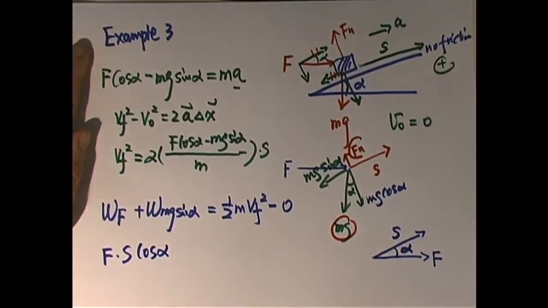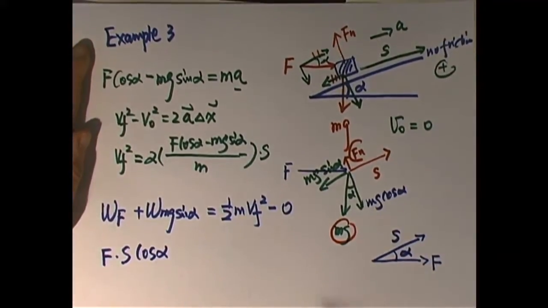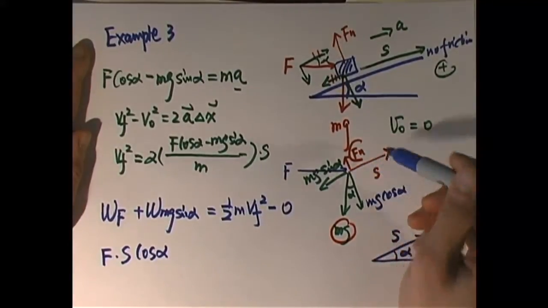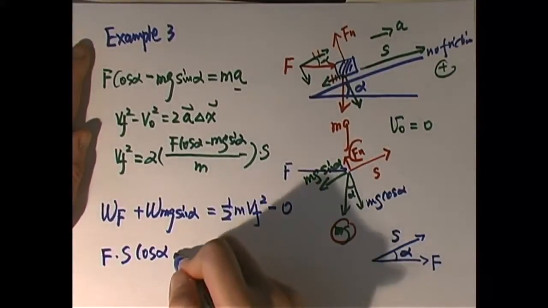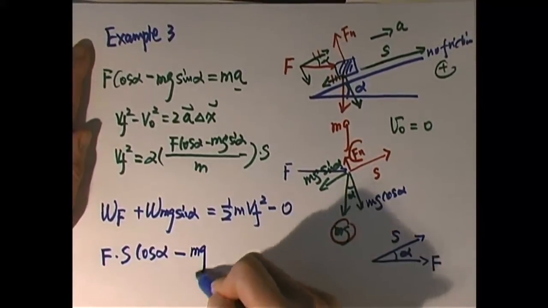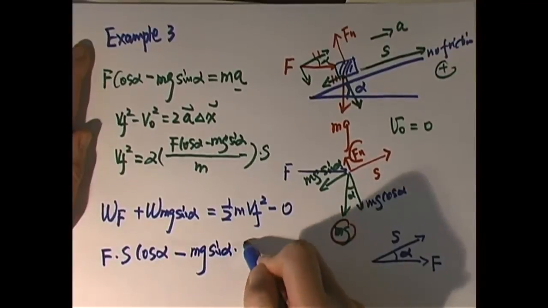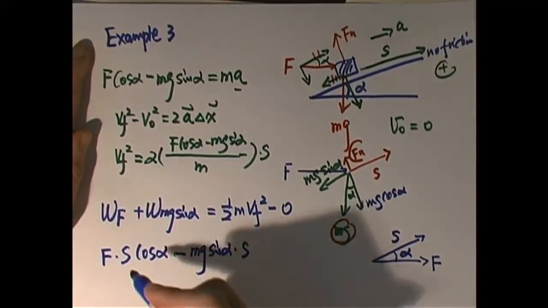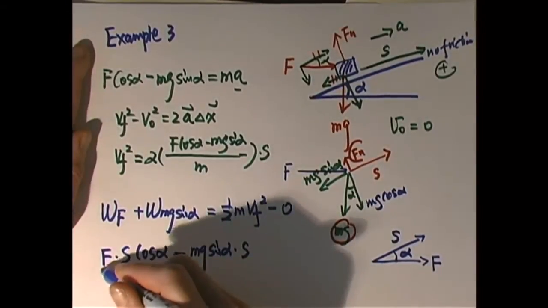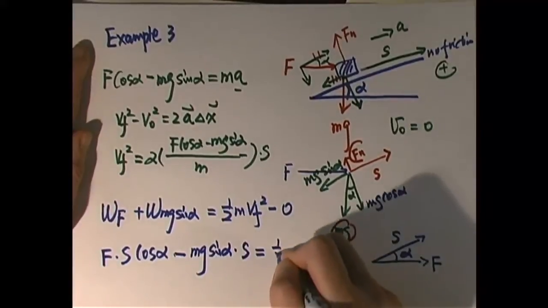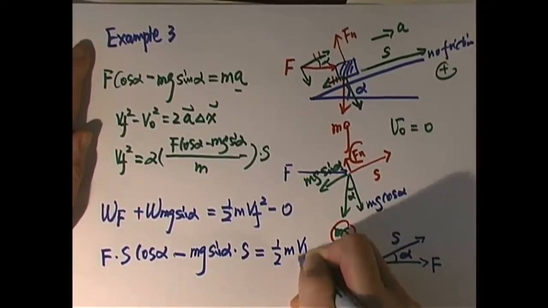That is what we know. And the work done by mg sine alpha: it is down the hill, displacement is up the hill, so that is negative because of cosine 180. The magnitude of that force times displacement times cosine 180, that's where the negative comes from. So this is the summation of the work done by these two forces and equals 1/2 m v final square.